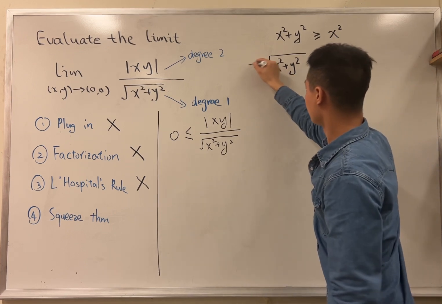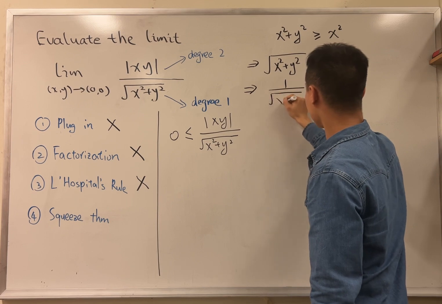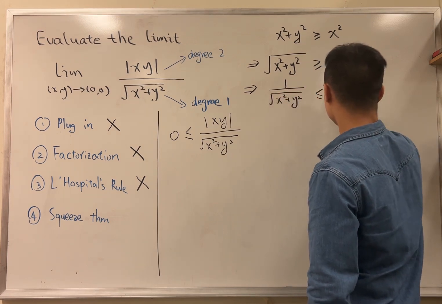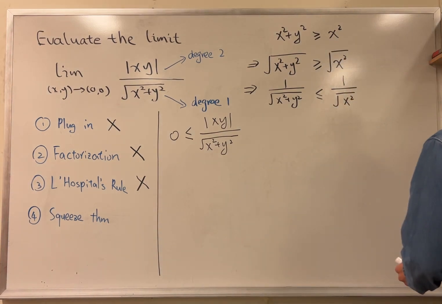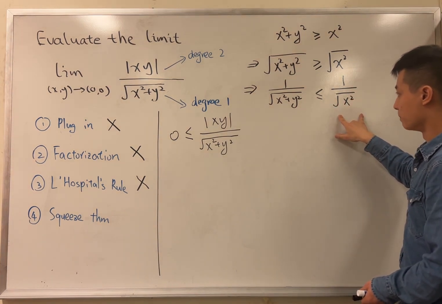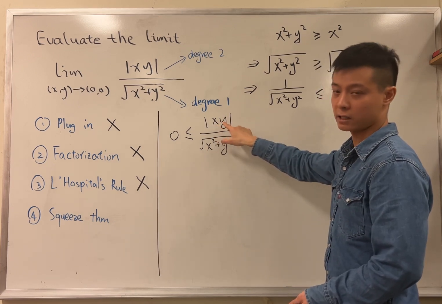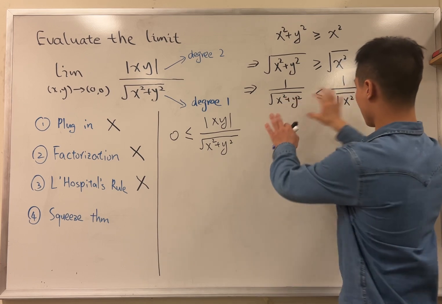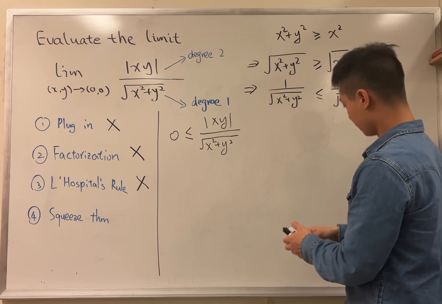And that gives us 1 over square root of x squared plus y squared is going to be less than or equal to 1 over this. Okay? And then since we have this one less than that, if we multiply absolute value of x and y on both sides of this inequality, then the direction maintains the same.